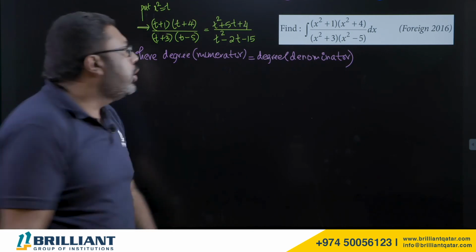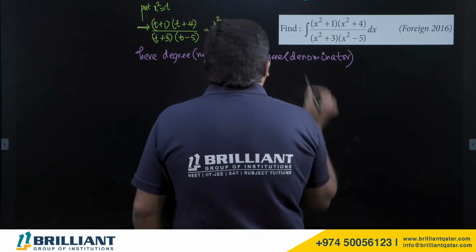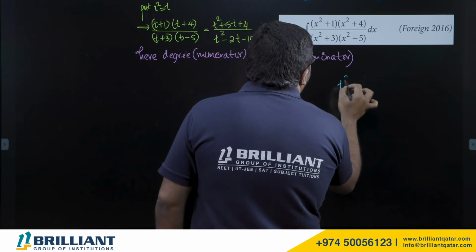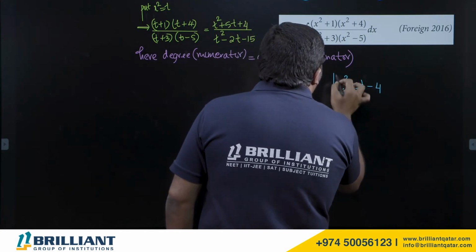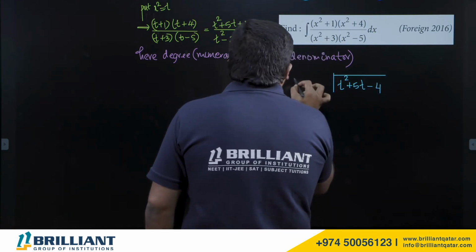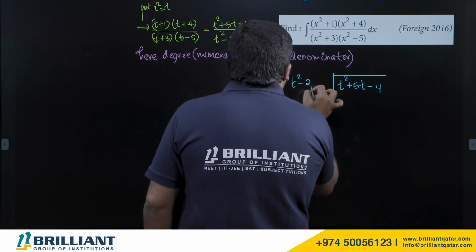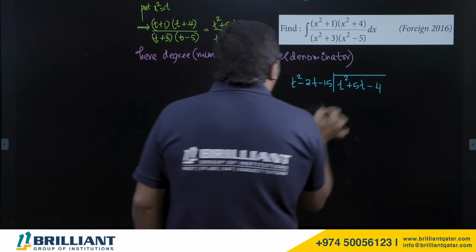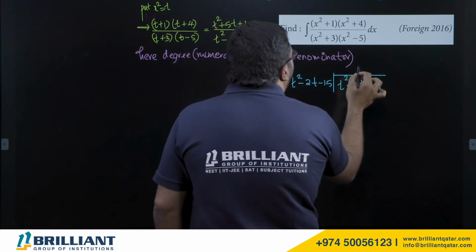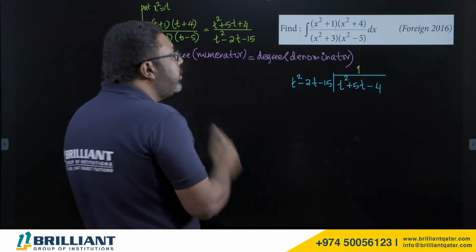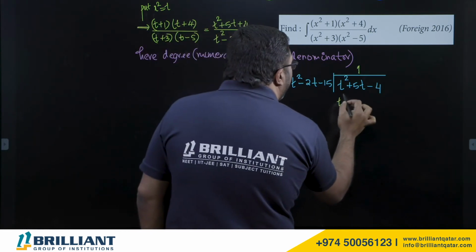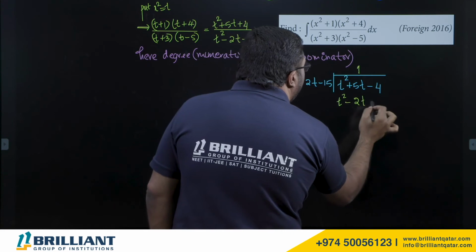What are you going to do? You're going to divide the two polynomials. What is the first polynomial? T squared plus 5t plus 4 is divided with t squared minus 2t minus 15, and the quotient is going to be 1, because it is t squared and t squared. So it's going to become t squared minus 2t minus 15.